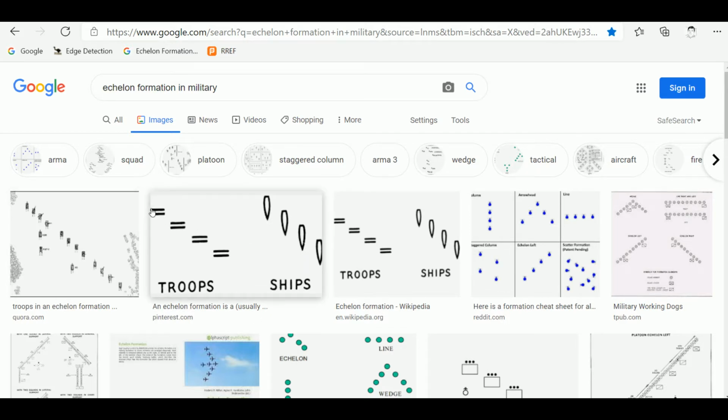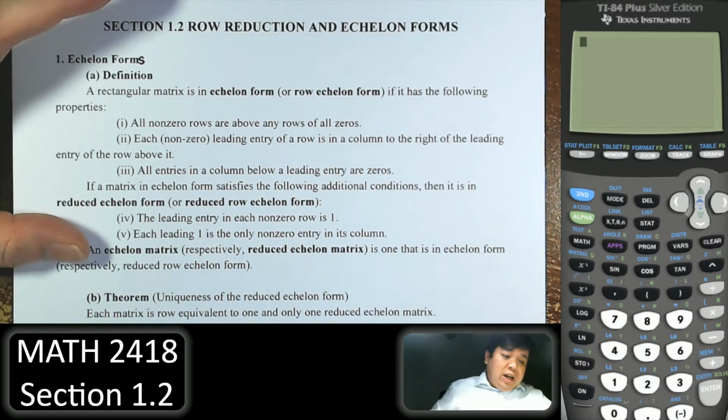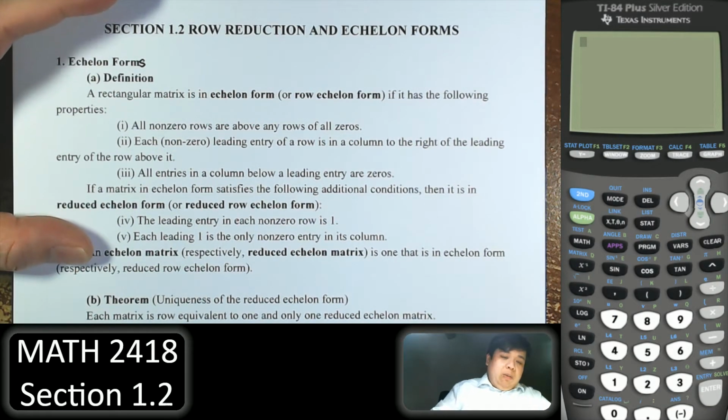The echelon is like steps in that direction, from northwest to southeast. So that is the echelon formation. Now we go back to what we mean when we say echelon form for a matrix.